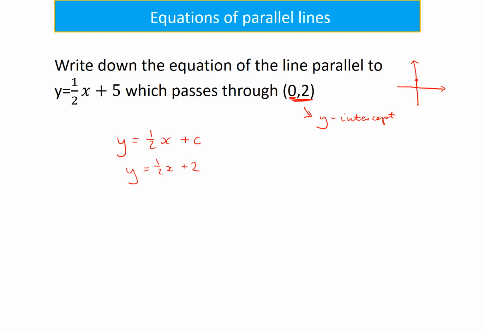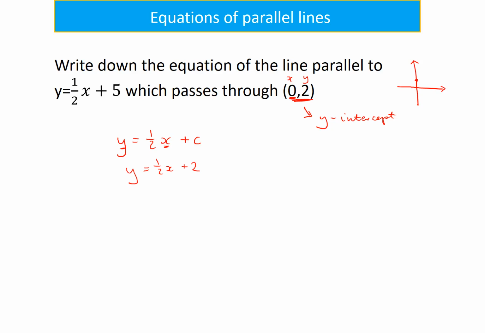Now, I'm also going to show you another method just in case you don't realize that this is the y-intercept, or if the coordinates are actually for a point that is not on the y-axis. So you need to remember that this is the x-coordinate of the point and this is the y-coordinate of the point. And because this point is on that line, I can put the value of x and y into my equation.